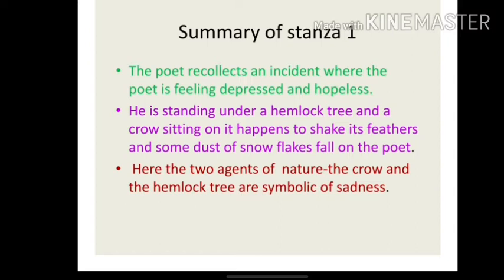In the same way, the crow is also not considered an auspicious bird like the cuckoo, nightingale, peacock, etc. And its color, black, symbolically represents a bad omen and sadness. Thus, the hemlock tree and the crow are the signifiers of sadness and gloom, just like the poet's mood.